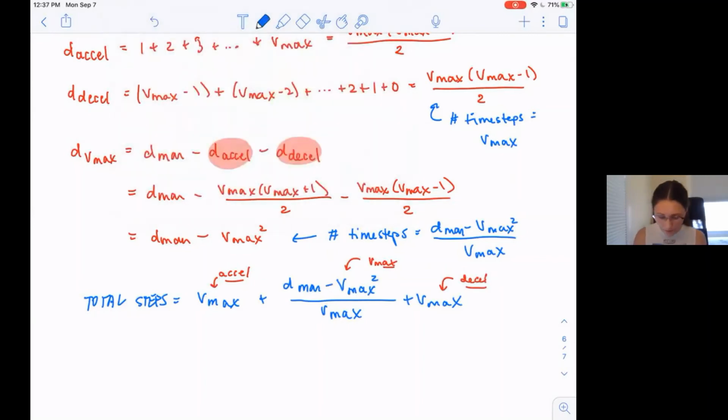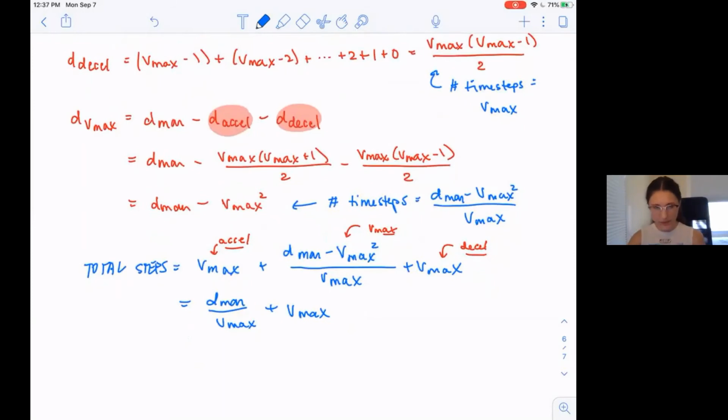Let's simplify some of these terms. And what we're going to end up getting is d Manhattan over v max plus v max. Okay, so we found one slightly more rich estimated cost to go when we're actually taking into account acceleration and deceleration.